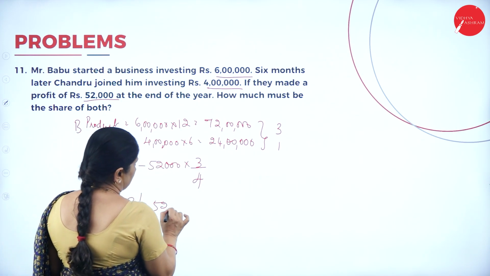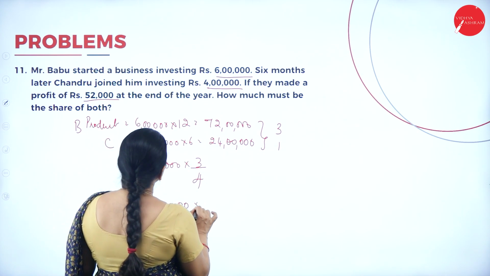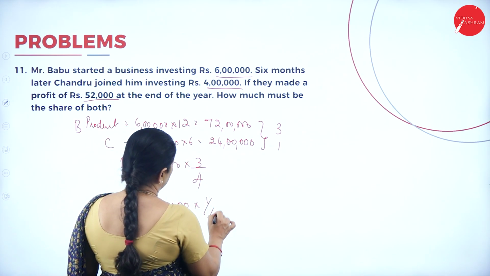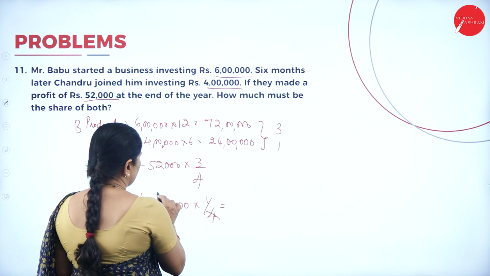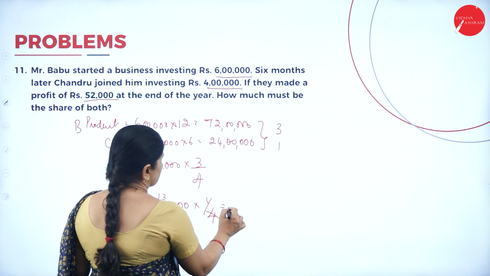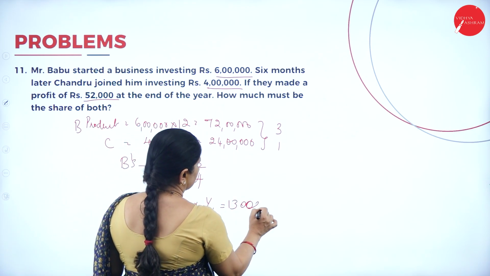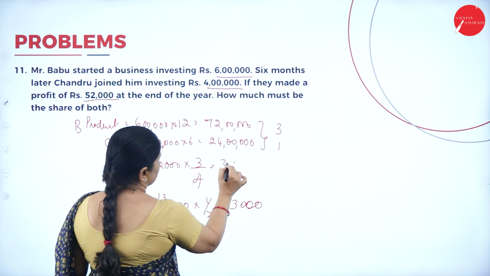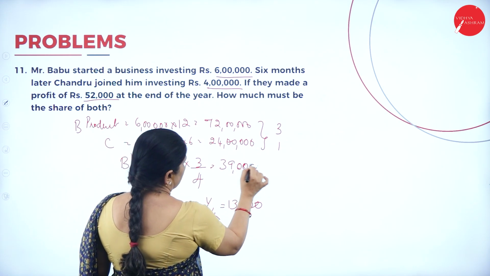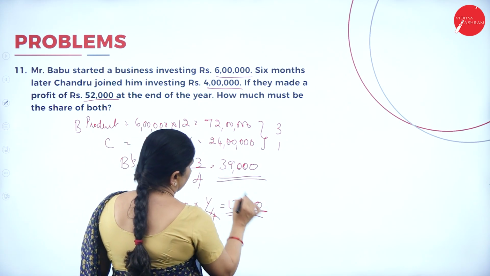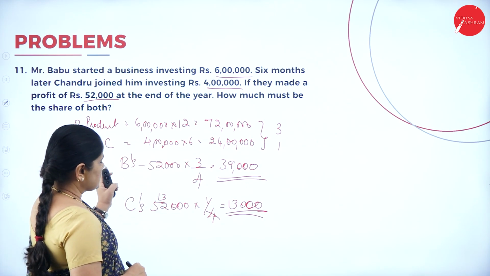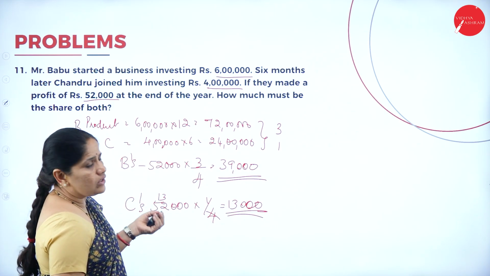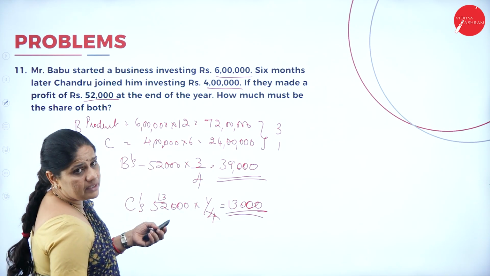Now C's share will be 52,000 into 1 by 4. So, when we simplify this, B's share will be 39,000 and C's share will be 13,000. So, we have divided this 52,000 considering the investment and also the time of investment.